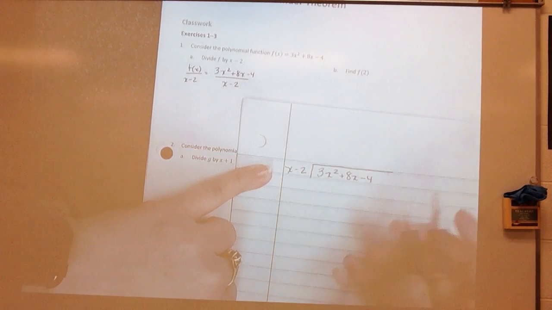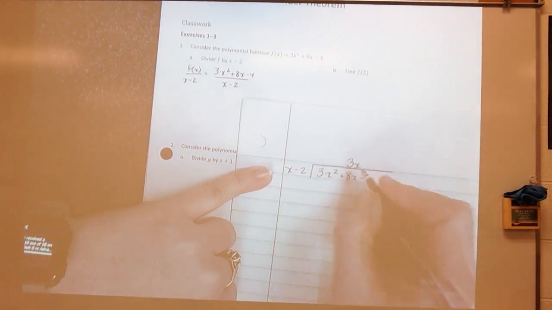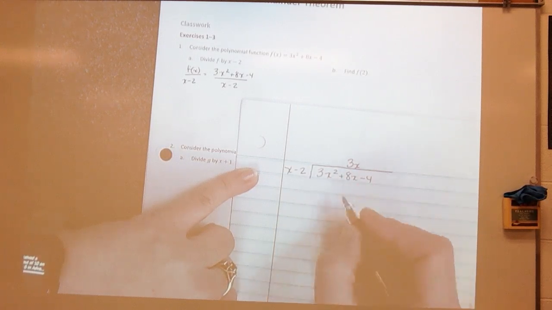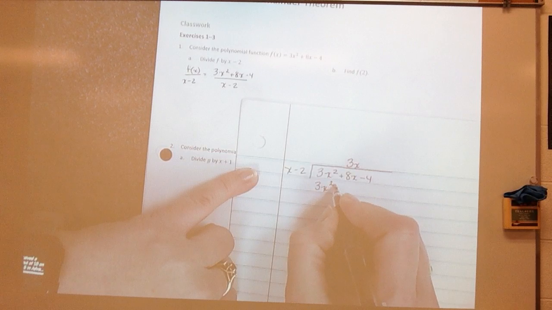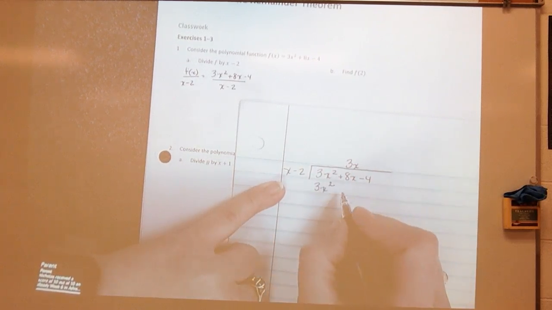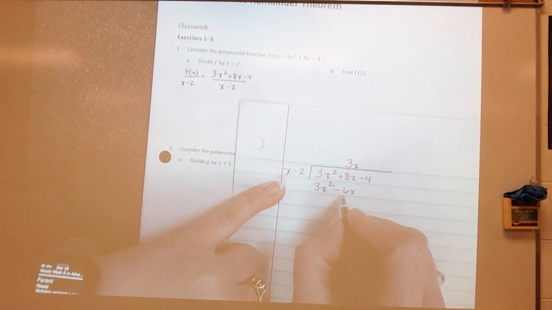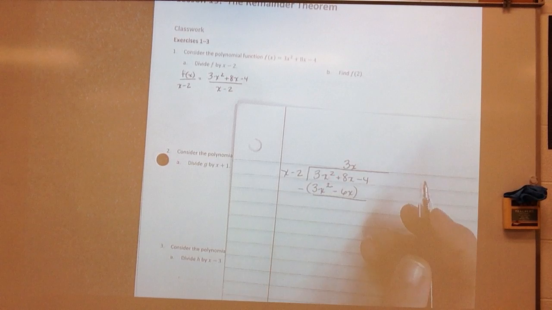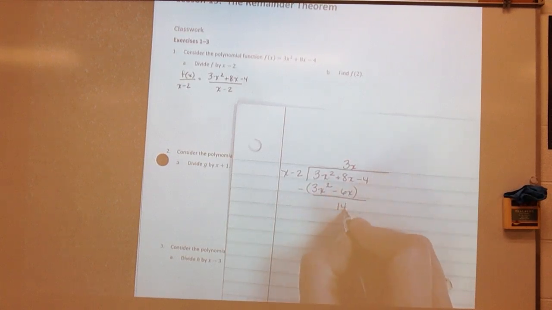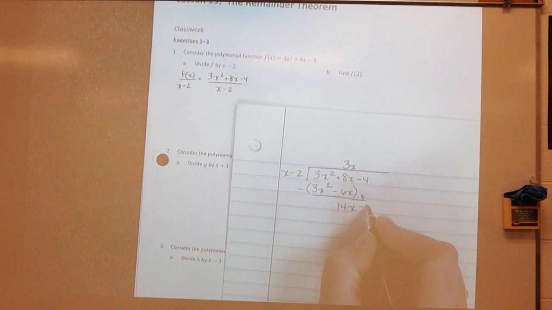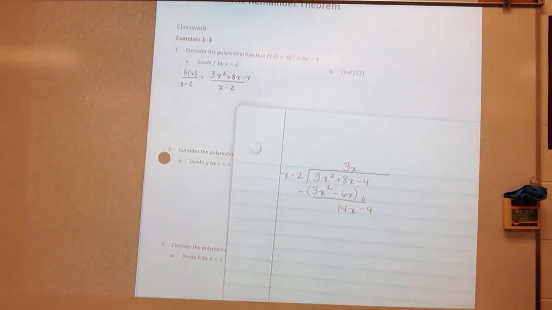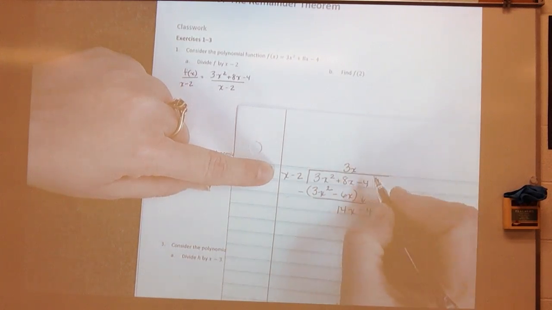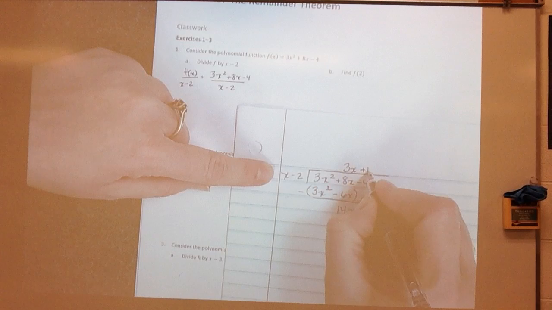Alright, so x goes into 3x squared, 3x times. 3x times x is 3x squared. 3x times negative 2 is negative 6x. I'm going to subtract all of that. So 8 minus a negative 6 becomes 8 plus 6, that's 14x. And I'm going to bring down the negative 4. So x goes into 14x 14 times.